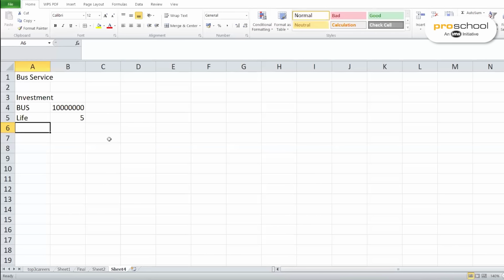Then I will resell the bus and buy a new bus for a better experience for my customer. So that bus will be sold for, say, 20 lakhs. That is the basic idea I have about my business. And of course, for easy purposes, I'm taking the depreciation on a straight line basis. So in 5 years, it will be 20% every year, right?